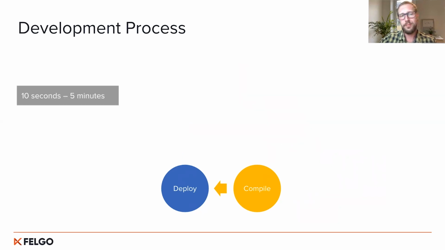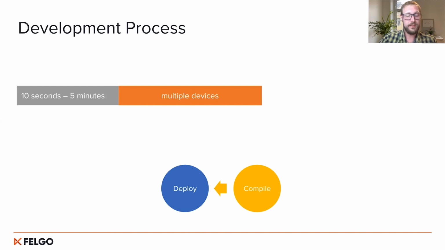If we look at the compilation and deployment step, this usually takes a really long time. So you have to wait for 10 seconds or maybe up to 5 minutes, depending on what platform you're building your application for, until all of the compilation and the deployment is finished. We do this for every change and also for multiple devices.